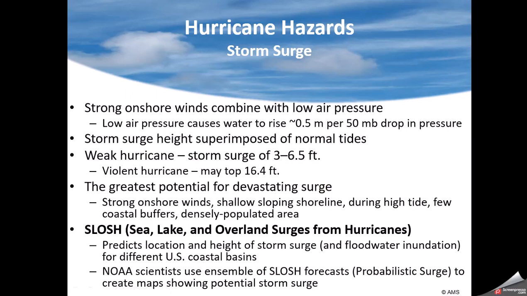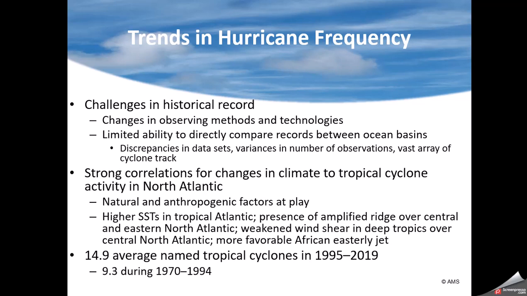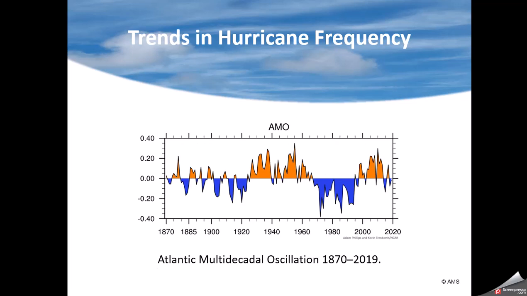So there are different models to predict storm surge. I actually did some research in that area with some different universities. The SSTs have been relatively warm lately, so that's helped to continue our trend of higher than normal hurricanes. You can see they run in cycles. The Atlantic multi-decadal oscillation.